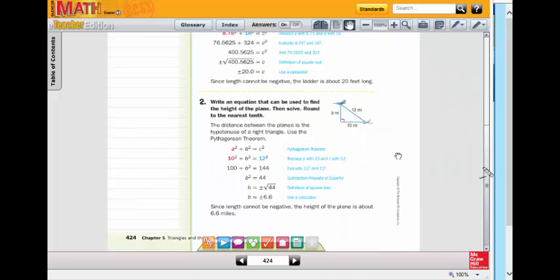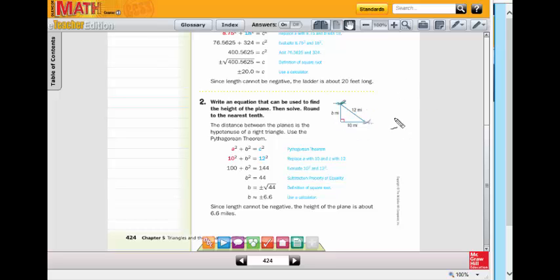All right, let's take a look at problem number 2. It asks to write an equation that can be used to find the height of the plane, then solve, rounding to the nearest tenth. So we have a distance from the ground up to the plane as a hypotenuse here of 12 miles, and we have a distance that the plane is laterally along the ground, 10 miles away.